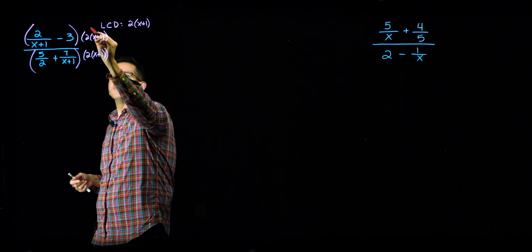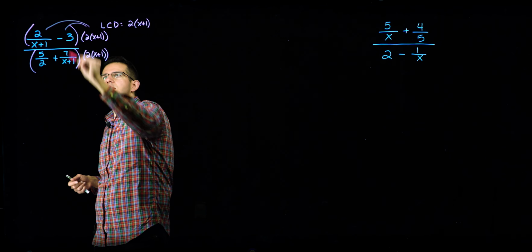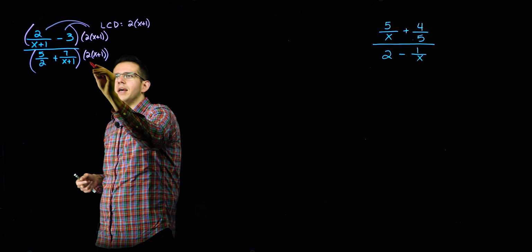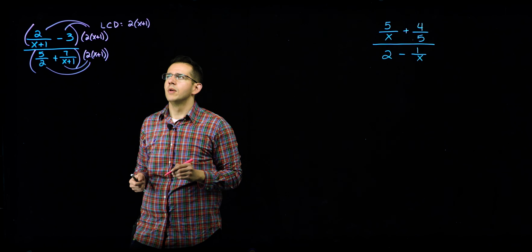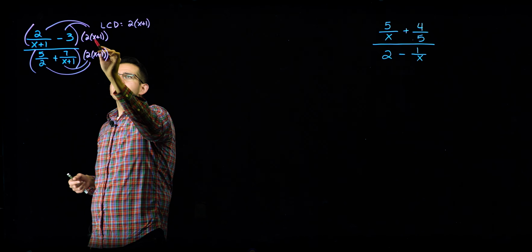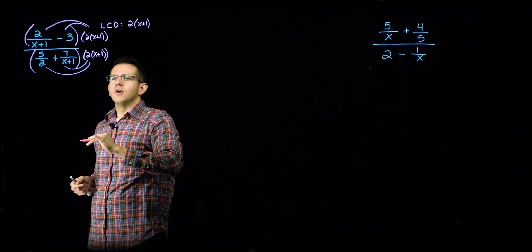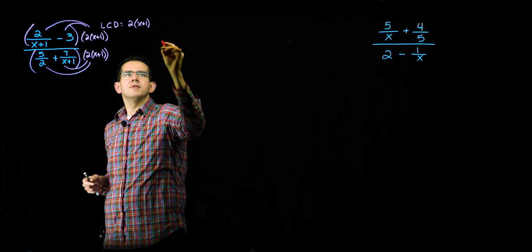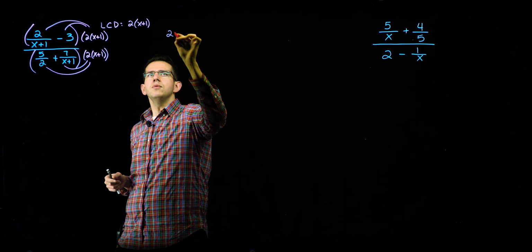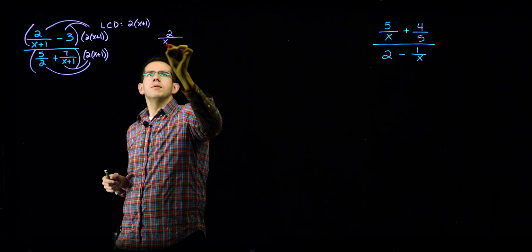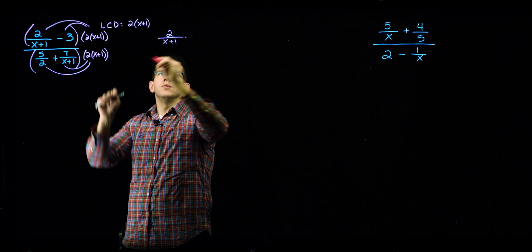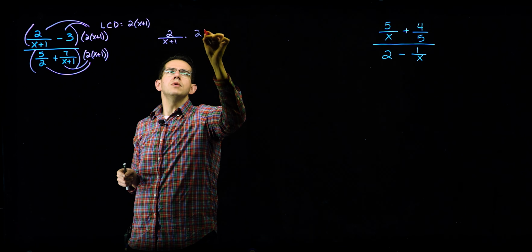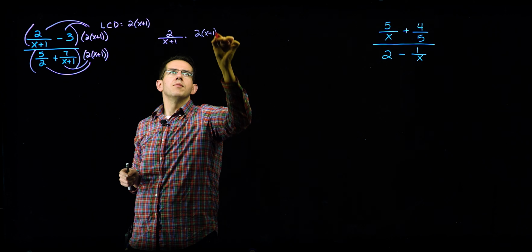When we do this, we'll distribute this to every term in the numerator and every term in the denominator. Notice when we multiply it in the first term, I'm going to show this off to the side, we have 2 over x plus 1 times this value, our LCD, 2 times x plus 1.